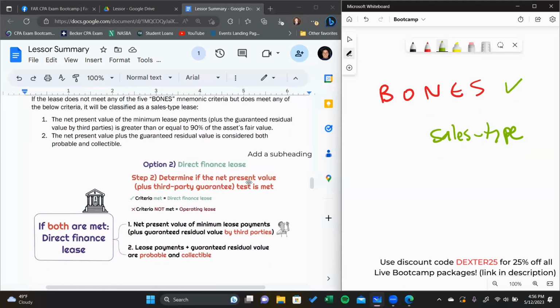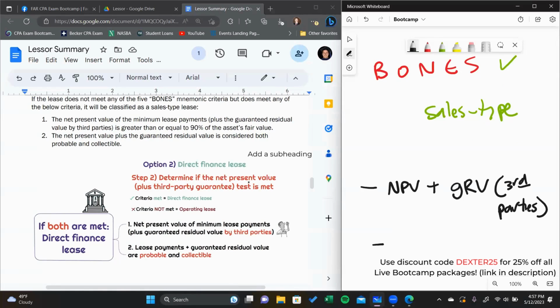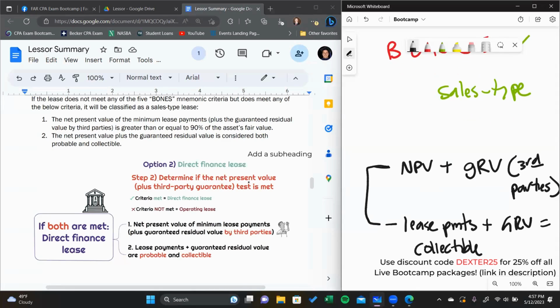The two additional criteria are net present value plus guaranteed residual value by third parties, and the second one is that the lease payments plus the guaranteed residual value are likely collectible. And both of these have to be met.